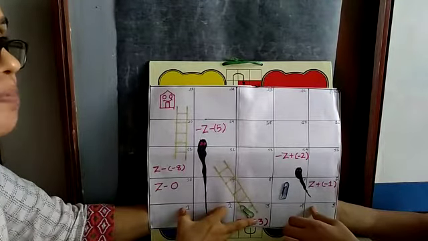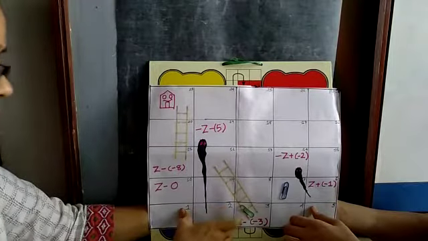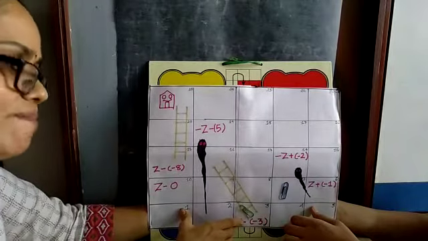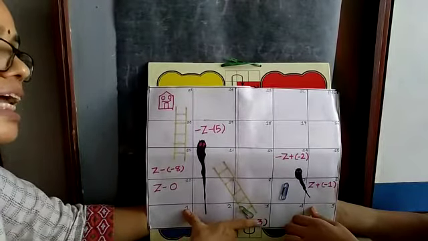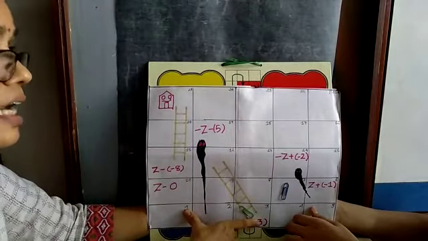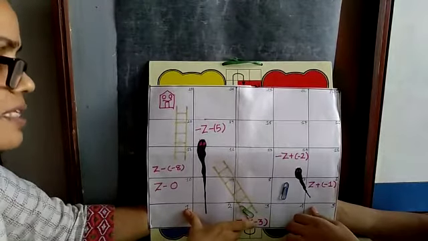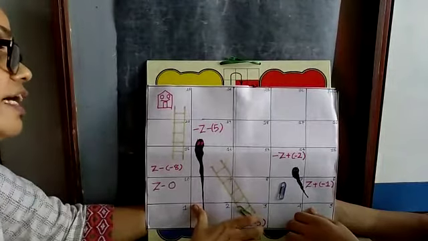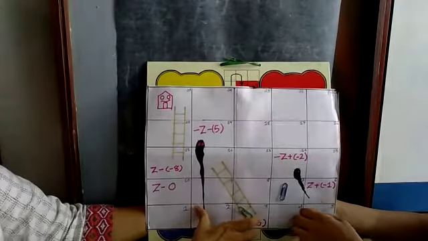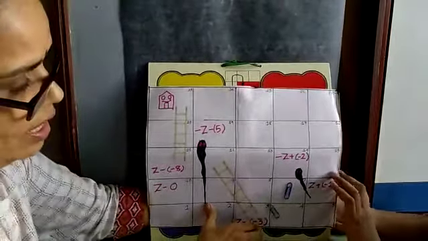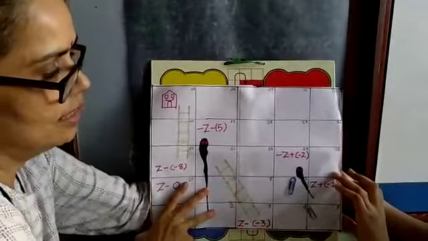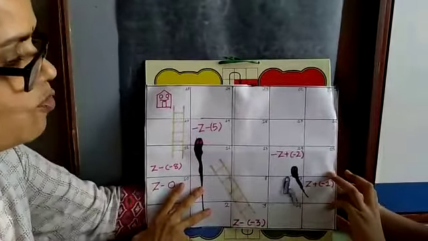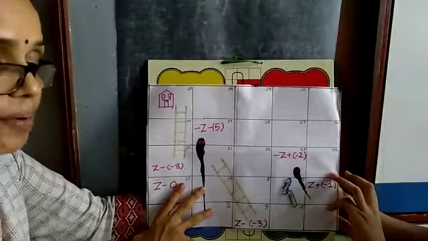Minus minus becomes plus. Right? So operation will be plus. So 1 plus 3 is 4. Right? But the sign is Z plus 1. So it is 4. So I will move forward how many steps? 4 steps. Right? So 1, 2, 3 and 4. Understood? Now play again.